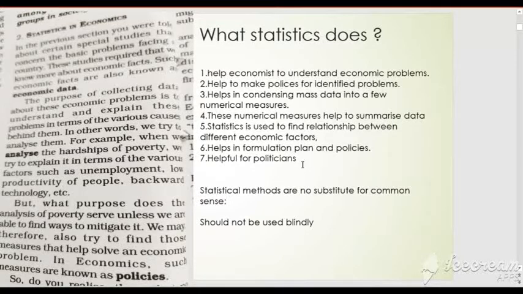Statistics also help politician because all the policies or the plans by the politician for the coming election are based on the previous year collected data. So statistics is helpful for economists, for policymaker, for businessmen, and for politician.